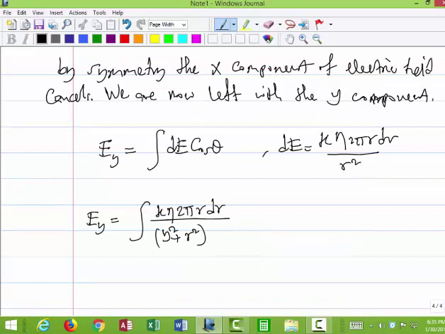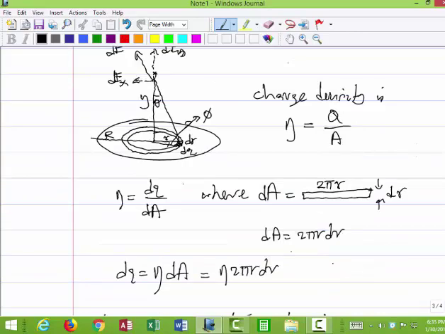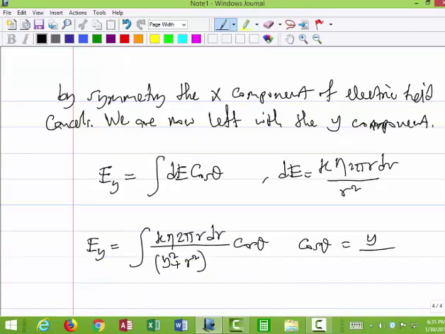And then we have cosine theta, where cosine theta is adjacent over hypotenuse, and the hypotenuse is again r squared plus y squared. So y over y squared plus r squared, raised to the power half.